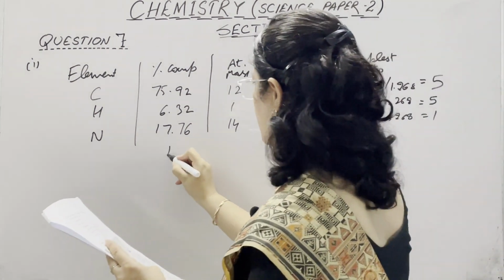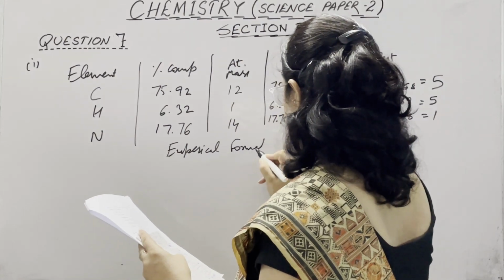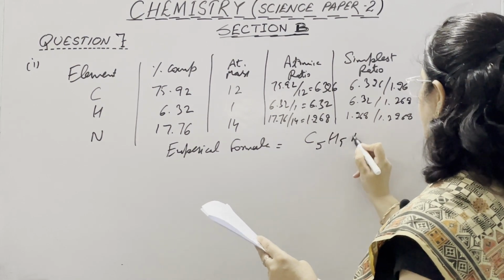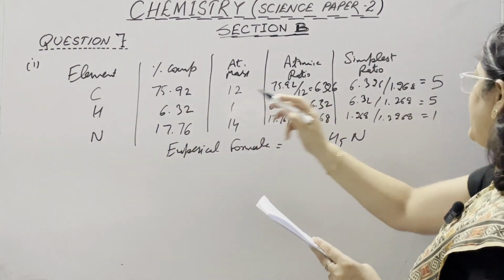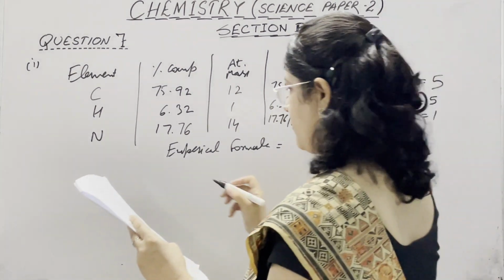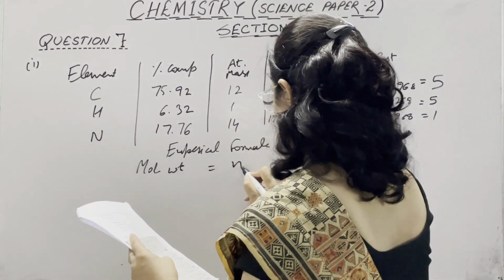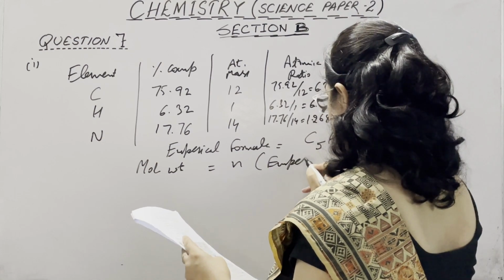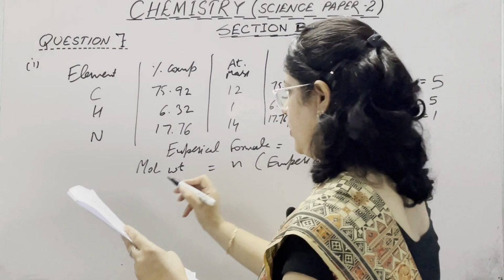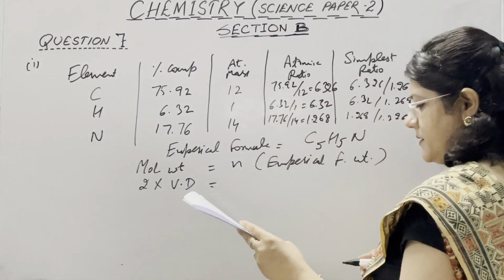So the empirical formula of this compound is C5H5N. Now we know the molecular weight is equal to n into empirical formula weight. The molecular weight is 2 into vapor density, because in the numerical vapor density is given.